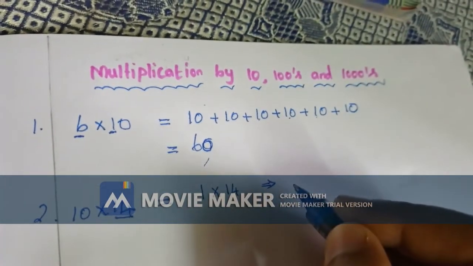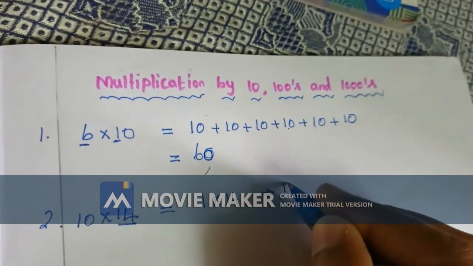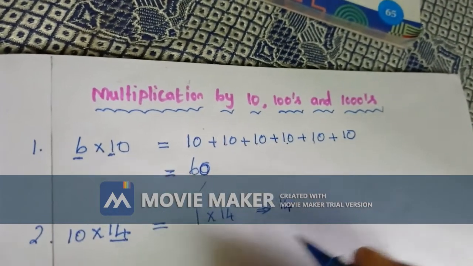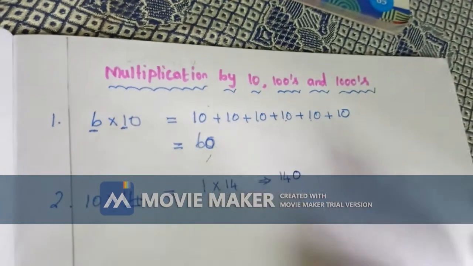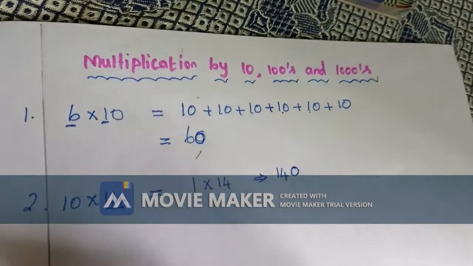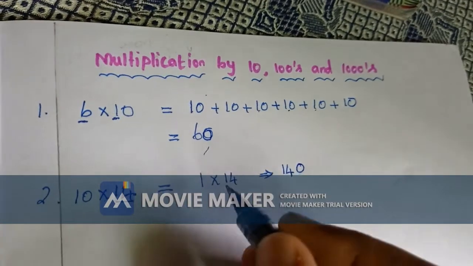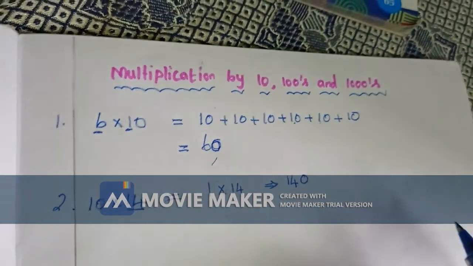So 1 multiplied by 14, the answer is 14. Then we have to write this 0 in the ones place. So 10 times 14, the answer is 140.